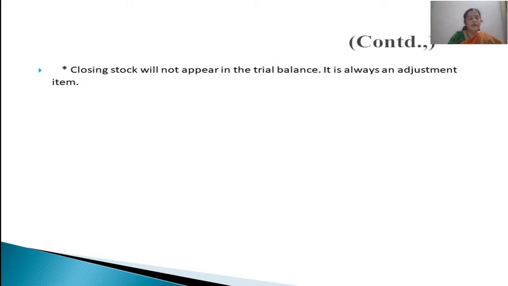Even in the preparation of final accounts, when they give the problem, the trial balance is given along with the adjustments, and this item, closing stock, will normally be the first adjustment. That means it is always an adjustment item. It will be in the adjustments list, and it is never in the trial balance.